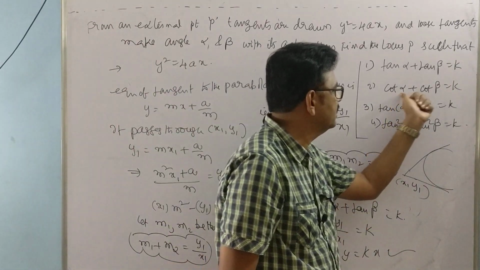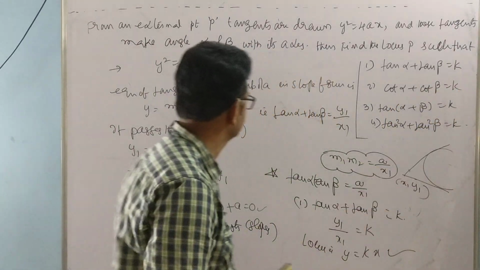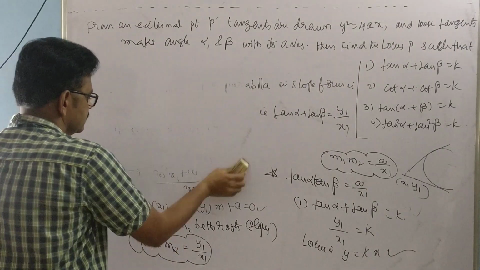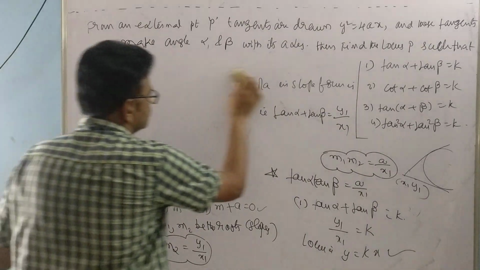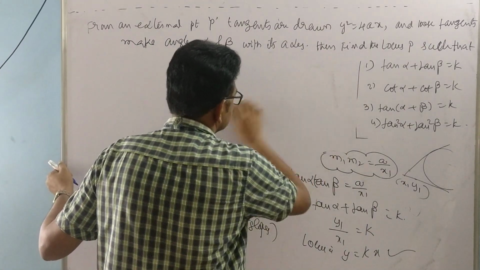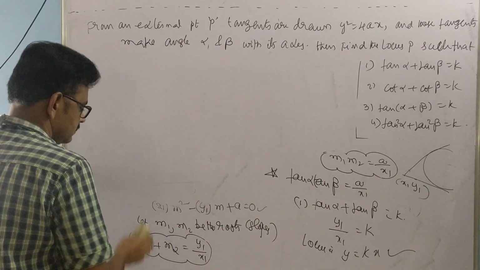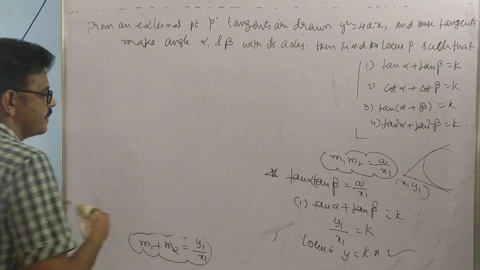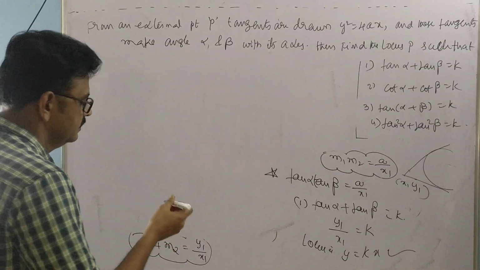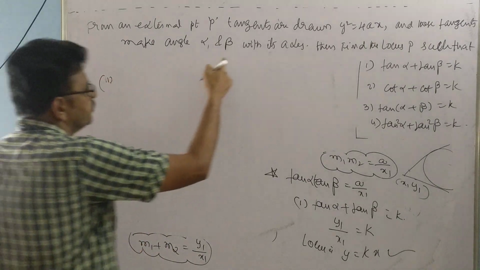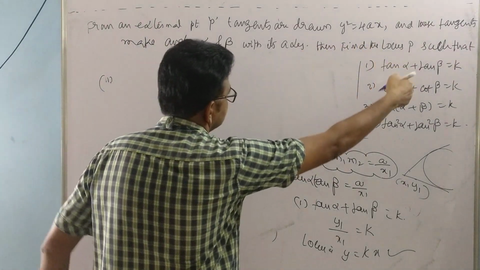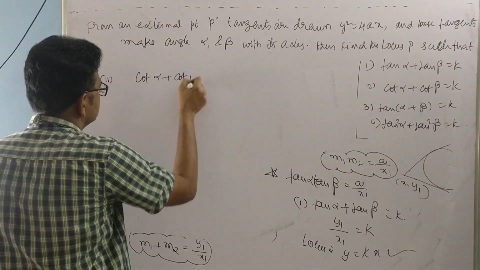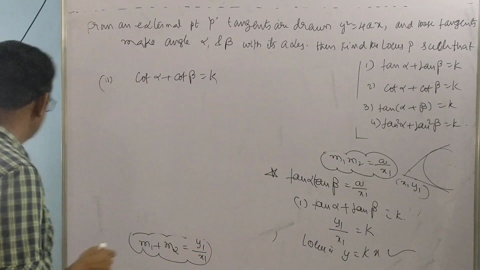Now the second one is cot alpha plus cot beta equal to k. The locus of the point P such that cot alpha plus cot beta equal to k.